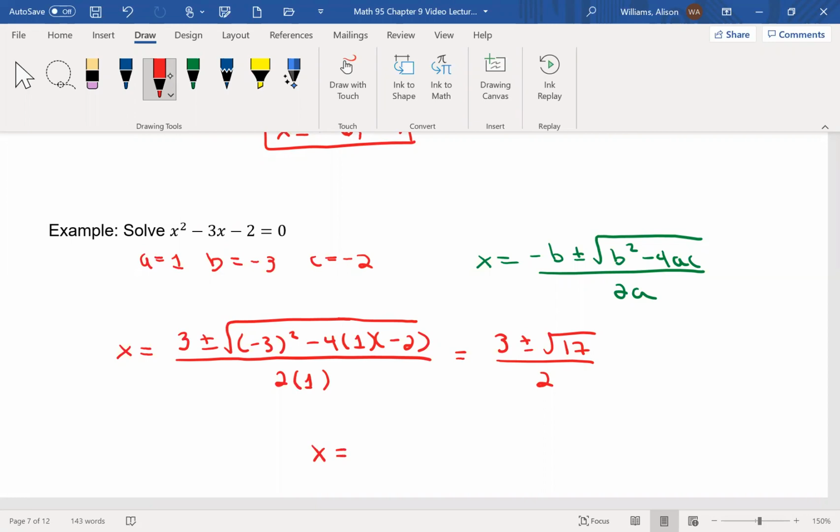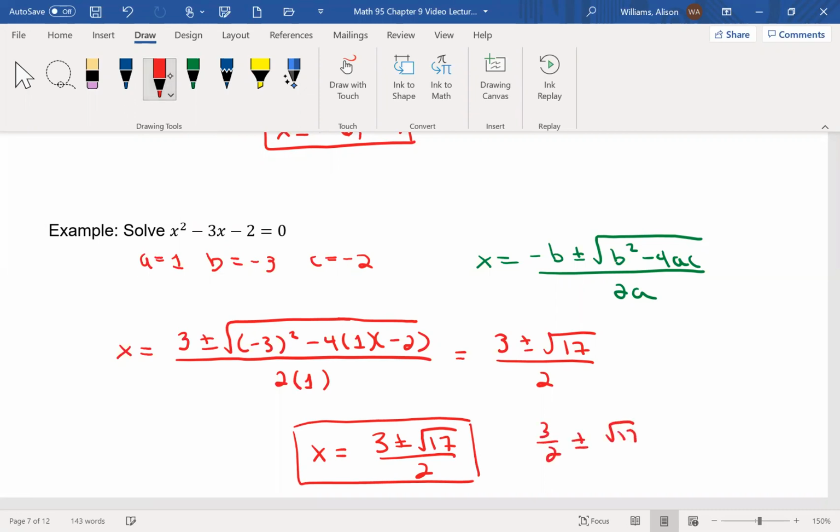So you may need to list it as two separate answers, but I'm okay with it being listed as one fraction with the plus or minus. That's a perfectly acceptable answer. Or if you want, you could break up the 2. So it's 3 halves plus or minus the square root of 17 over 2. That's another way you could write the answer.